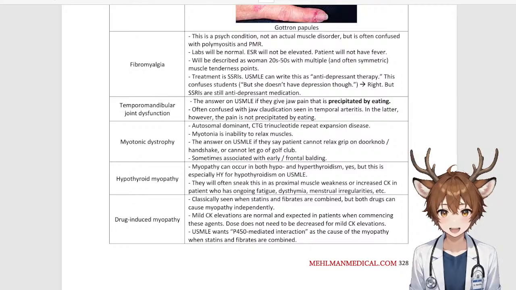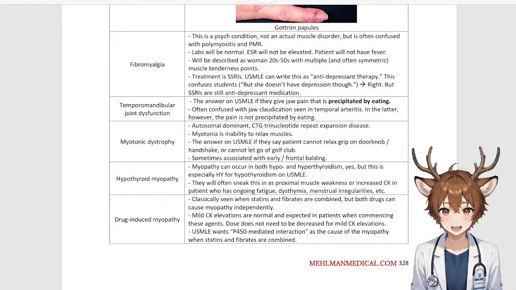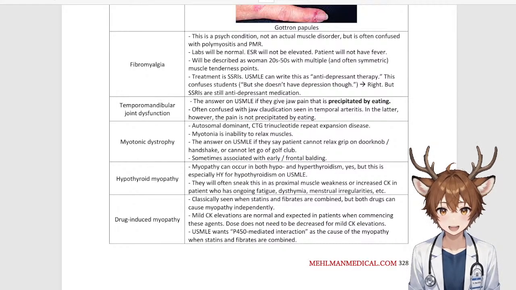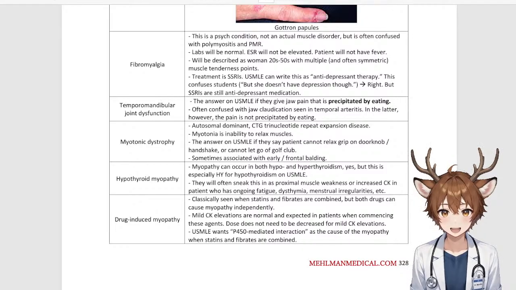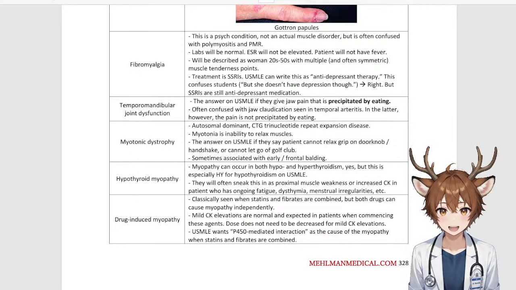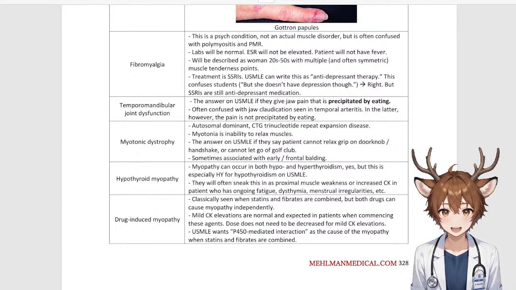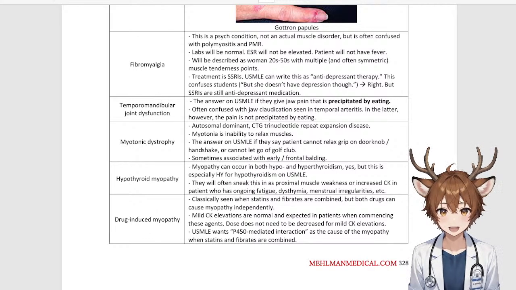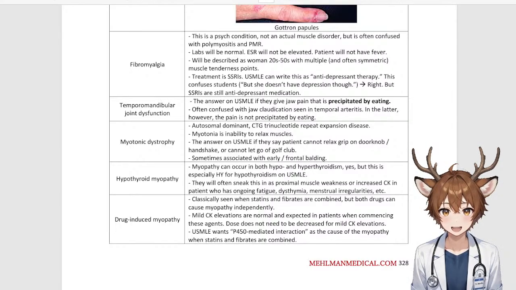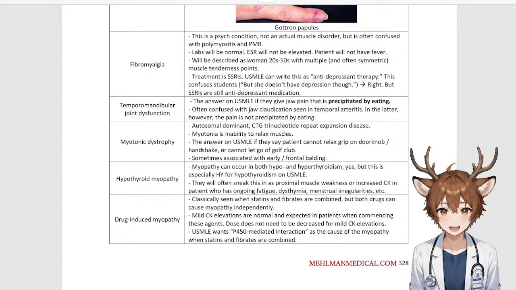What about fibromyalgia? Fibromyalgia, this is a psych condition, not an actual muscle disorder, but is often confused with polymyositis and PMR. Labs will be normal. ESR will not be elevated. Patient will not have a fever. Will be described as a woman in the 20s to 50s with multiple and often symmetric muscle tenderness points. The treatment is SSRIs.